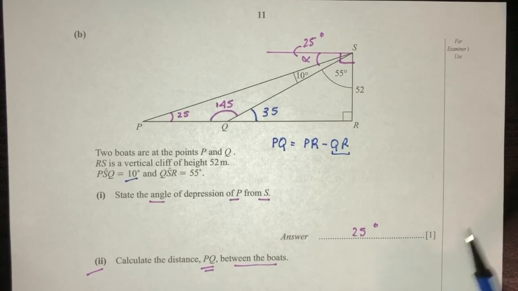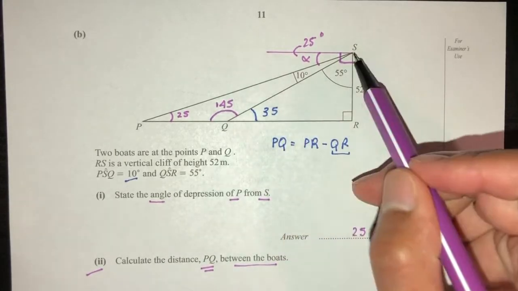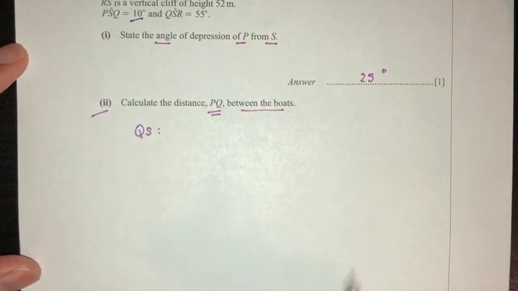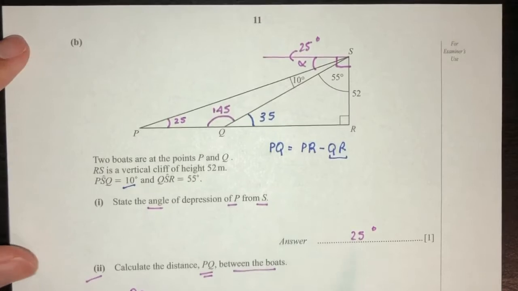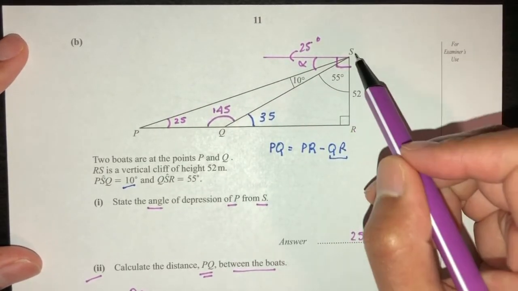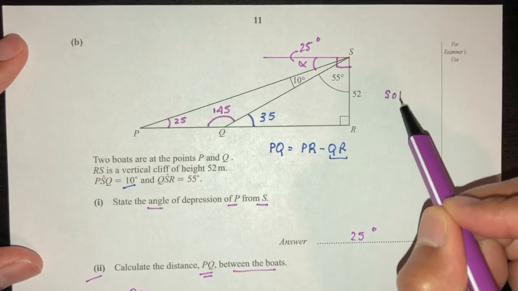If you observe, we can first find QS. So let's do that. Let's first find the value of QS. You will see what I'm doing soon. As you can see, we have angle 55. This is our side. We can use SOHCAHTOA.